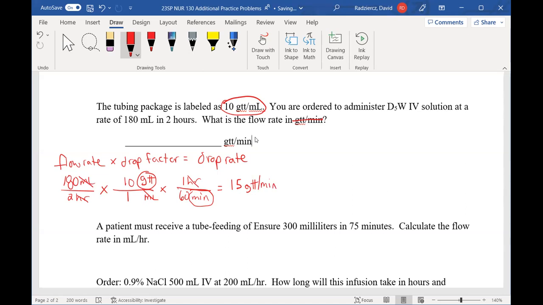If I was trying to condense this, I would write it like this. I'd take the 180 milliliters. 2 hours is the same thing as what? 120 minutes, right? Then I would multiply by my drop factor. The reason I would do it this way is just because it saves a step, right?